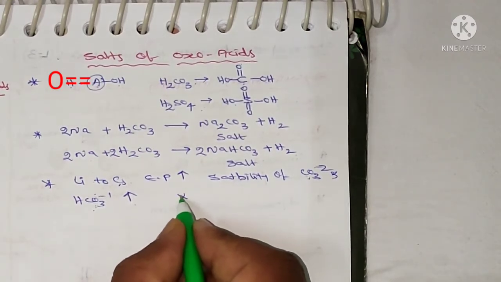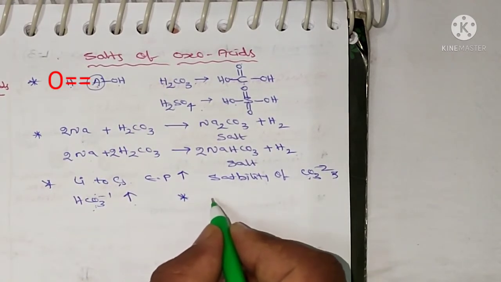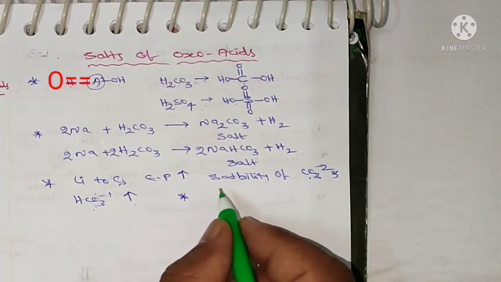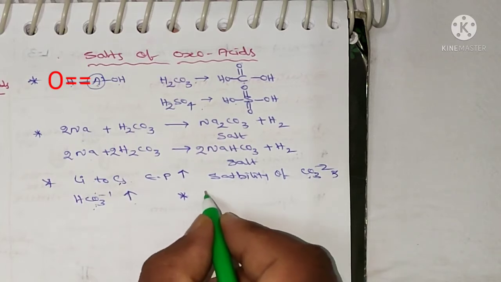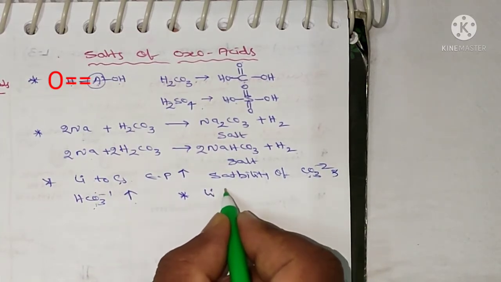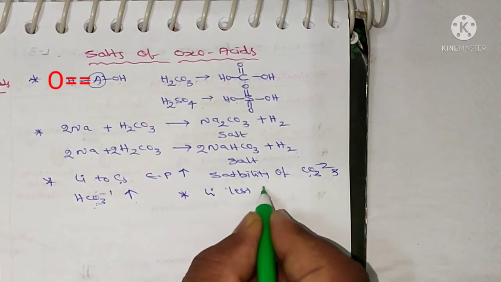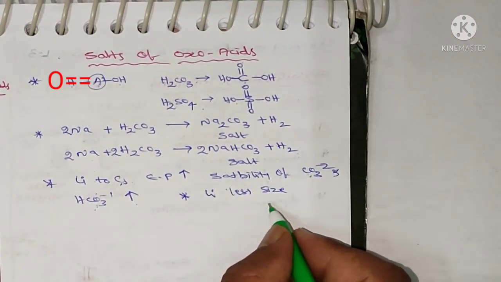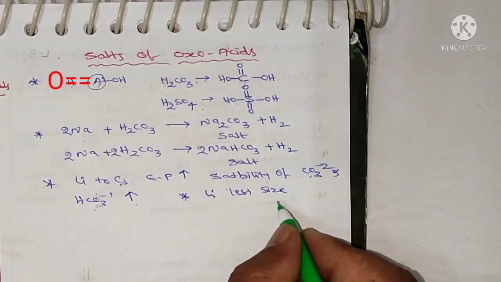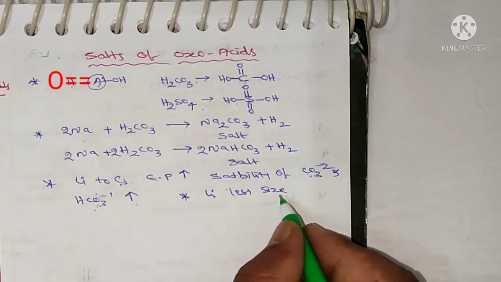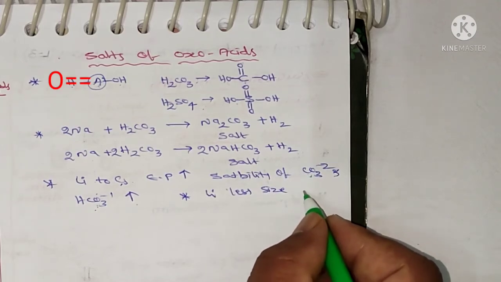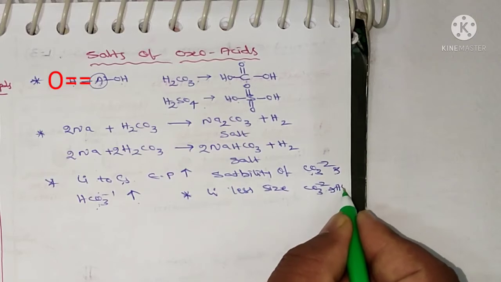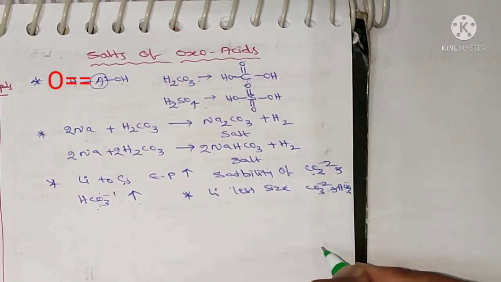But lithium, having a small size, cannot form stable carbonate and hydrogen carbonate. Due to that small size, it has a less electropositive character, so it cannot form stable carbonate and stable bicarbonate.